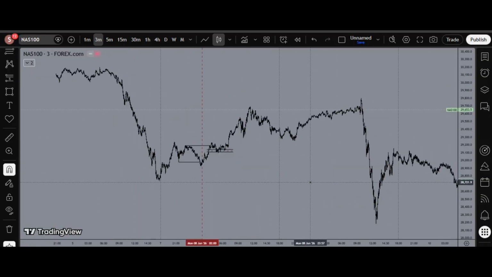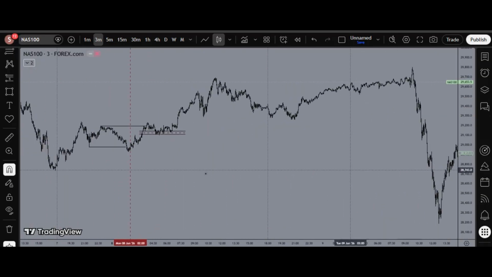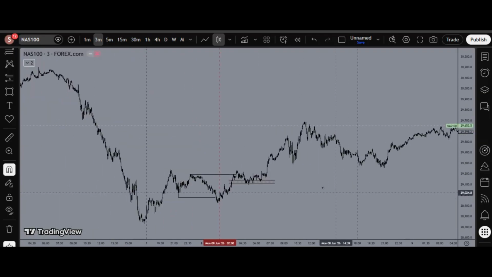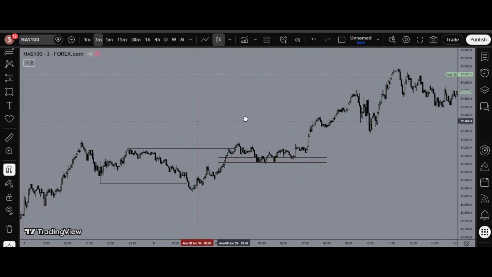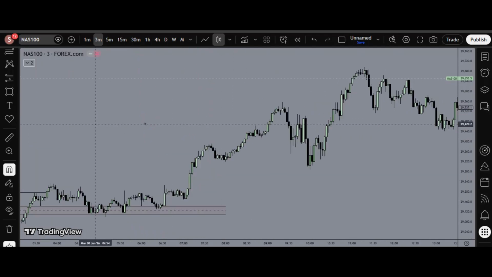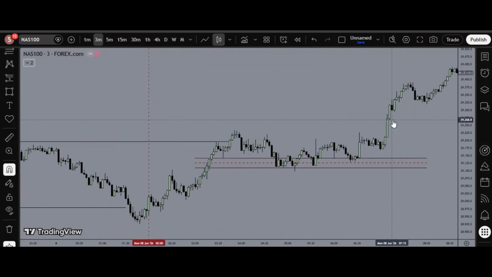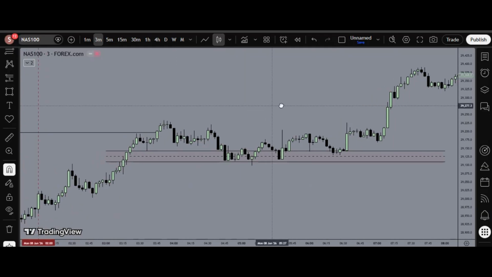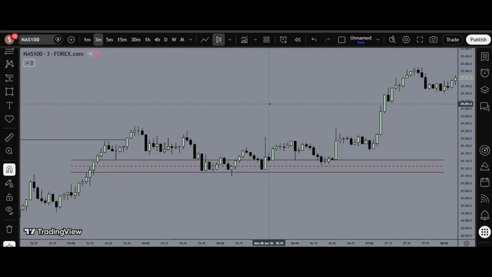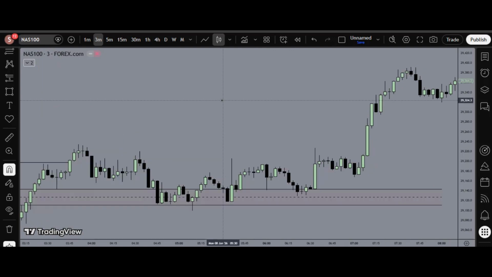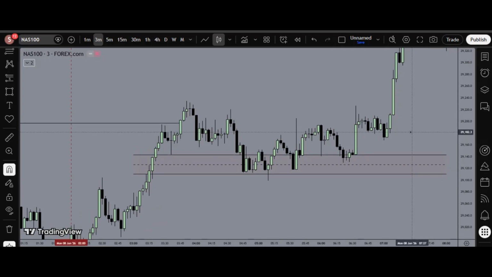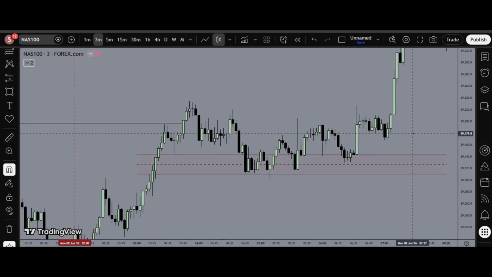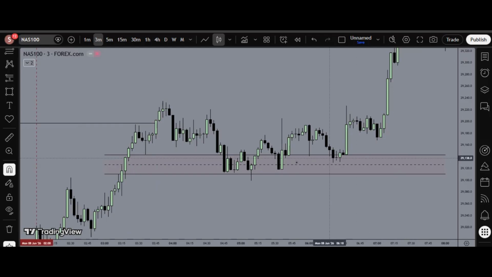Now let's look at it. This is NAS 100. So what are we looking for? We're looking for a strong displacement above the last down candle. Now, what did you see?